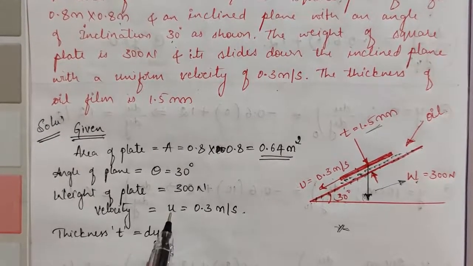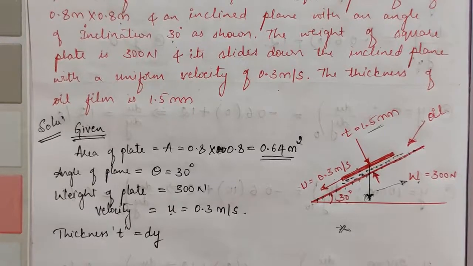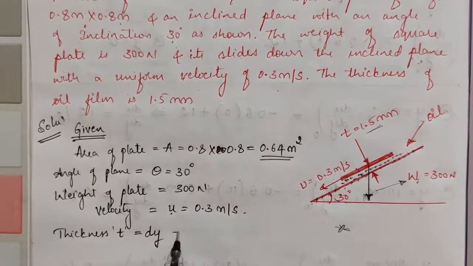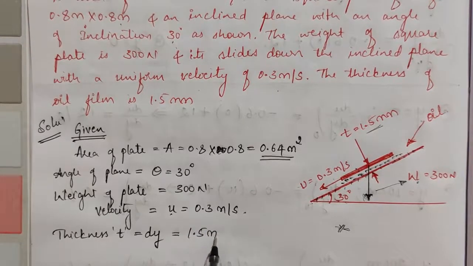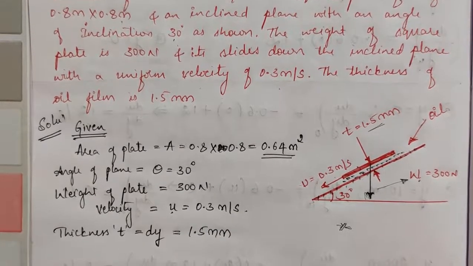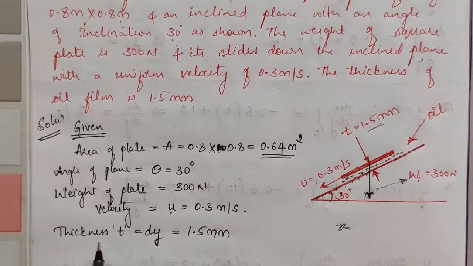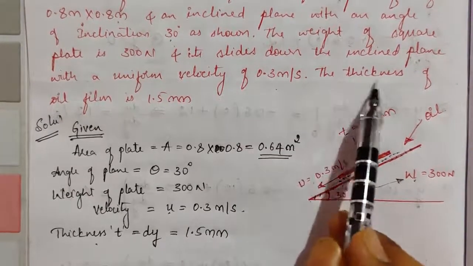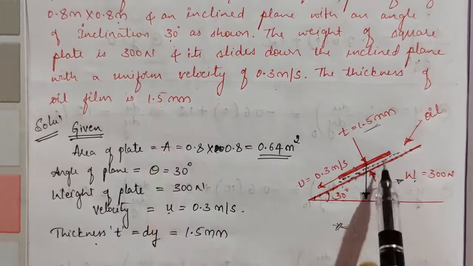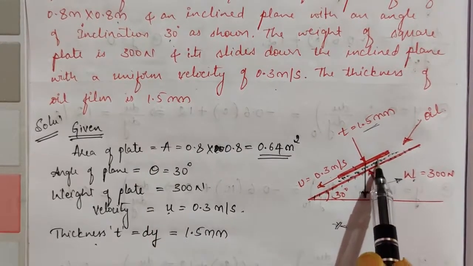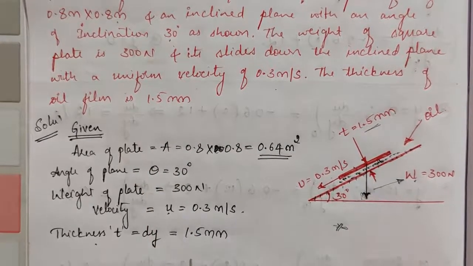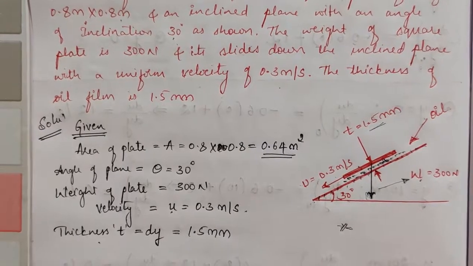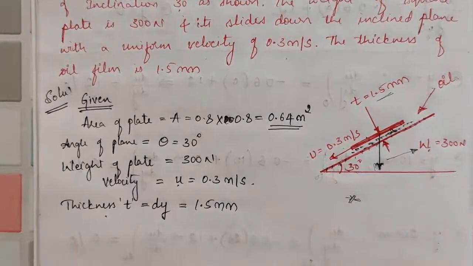So du I can find out from this if in case I require. So I'll take thickness as dy, 1.5 mm. This thickness is of the oil film. Here the distance is 1.5 mm, so I'll take that as dy or t.